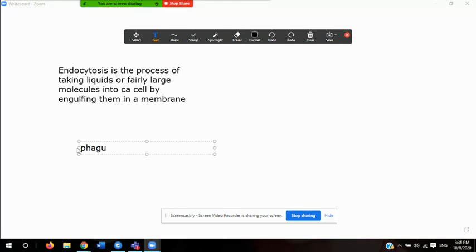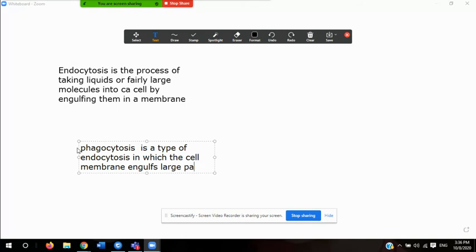Phagocytosis is a type of endocytosis in which the cell membrane engulfs large particles.